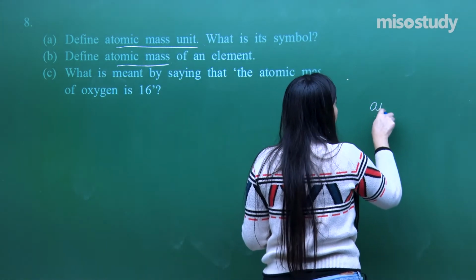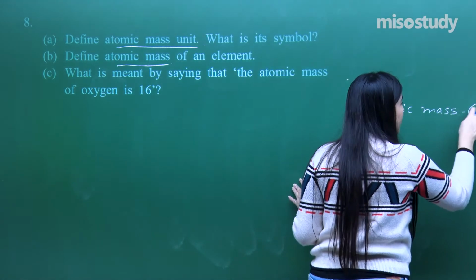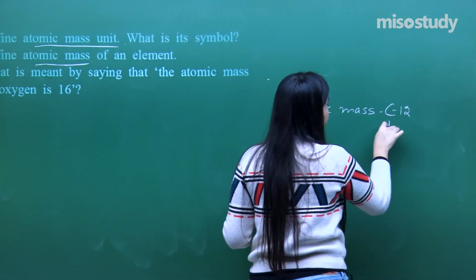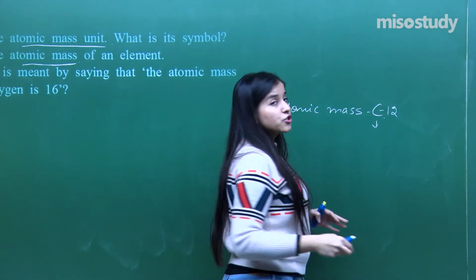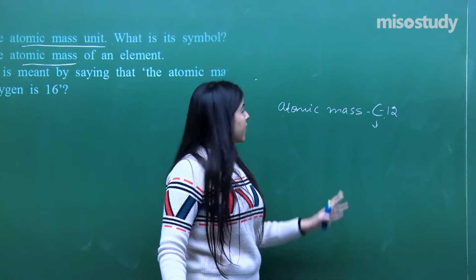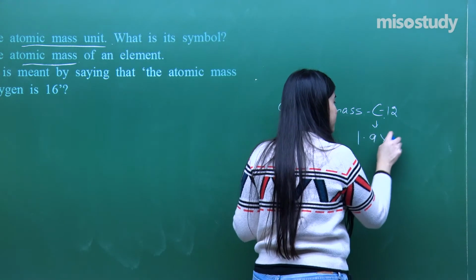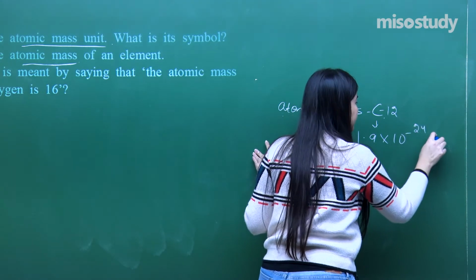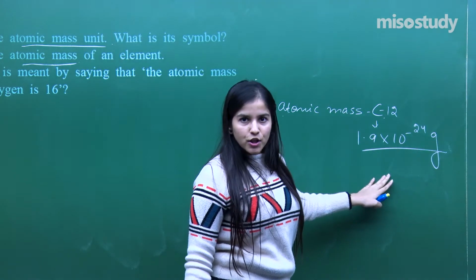So basically if we talk about the atomic mass of carbon 12, this is a specific isotope of carbon we have taken because it is usually very abundant in nature. So atomic mass, it actually comes out to be this much grams, which again makes our calculation very complicated.